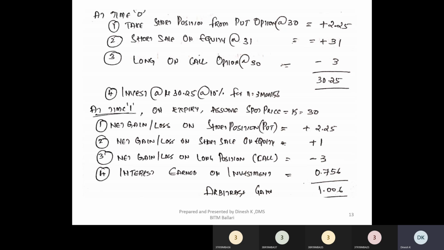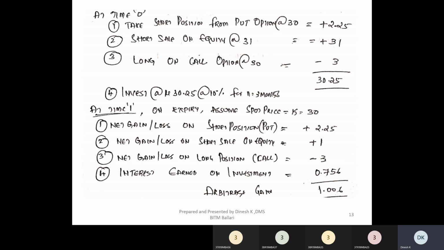Now let's evaluate and see what our positions are. The first decision we have taken is a short position on a put option, where you have an obligation to buy at rupees 30, for which you have received 2.25 rupees. The market price is also 30 on the expiry date of the 3 months.